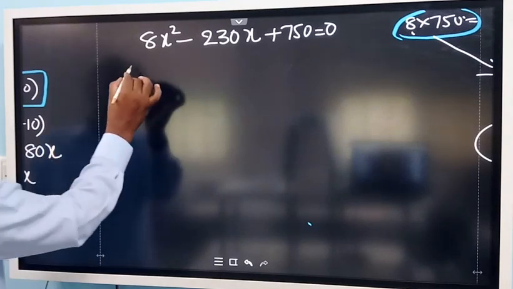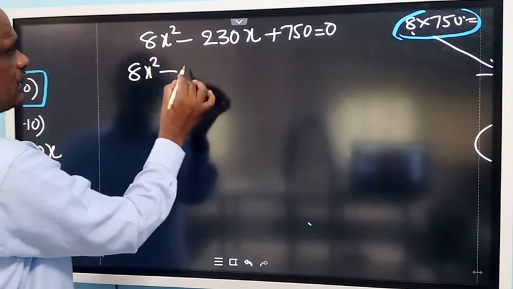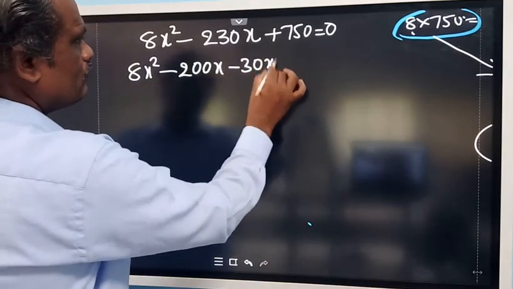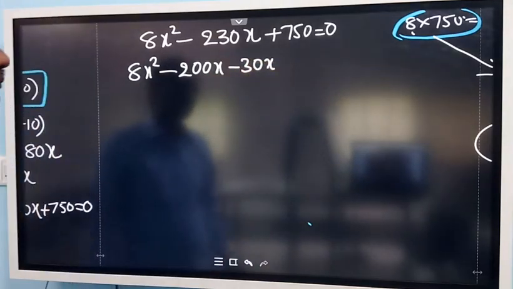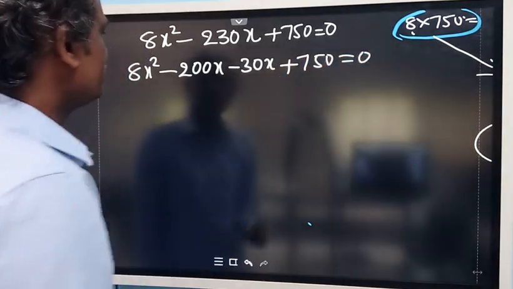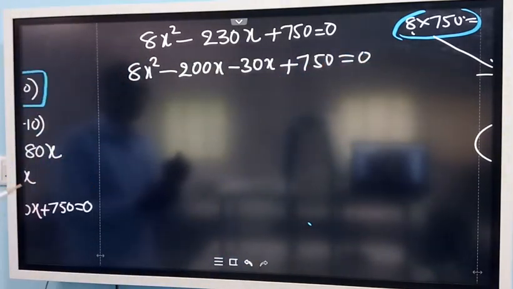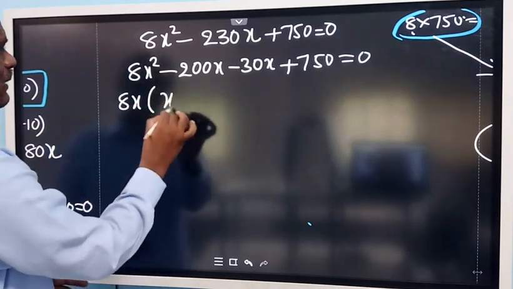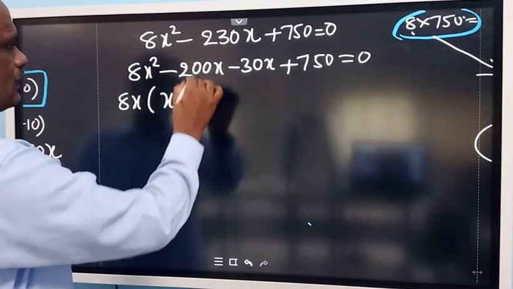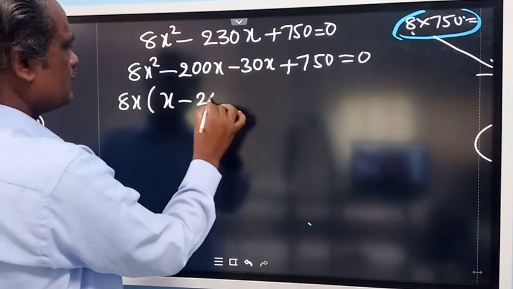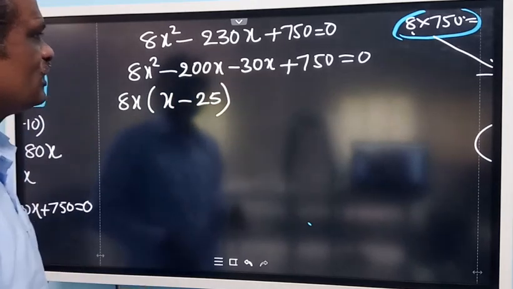Okay. So 8x squared, let us write as it is. So here minus 200x minus 30x plus 750 is equal to 0. Now you take common. 8x common means x minus 25, since 8 fives are 40.